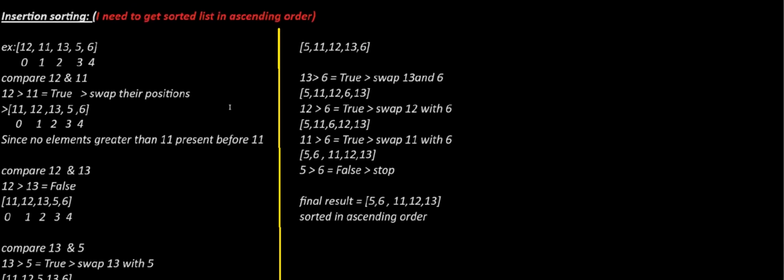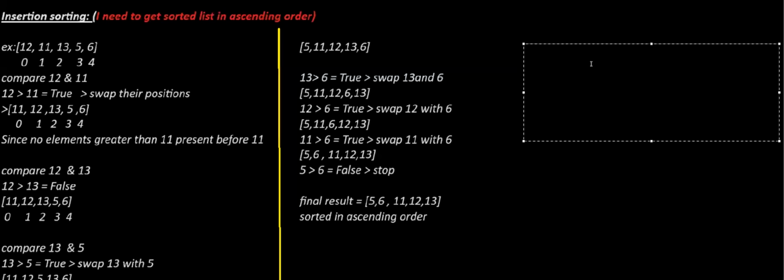So now let us derive the code from the steps we have done. How do we do this so that we can do insertion sort for a given list? So how to implement this code, sir?